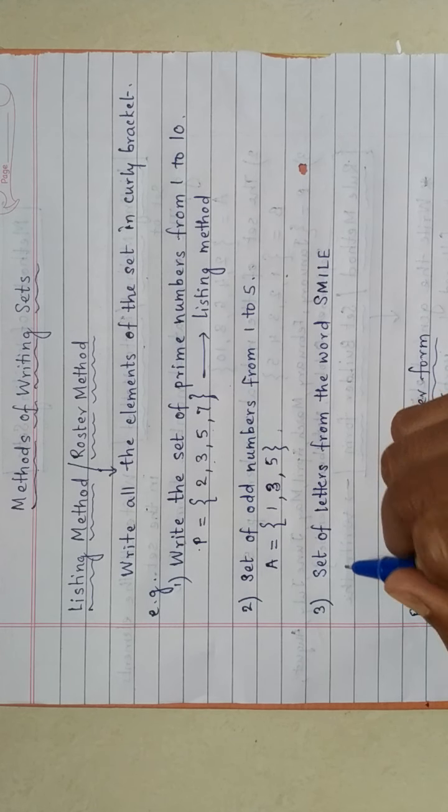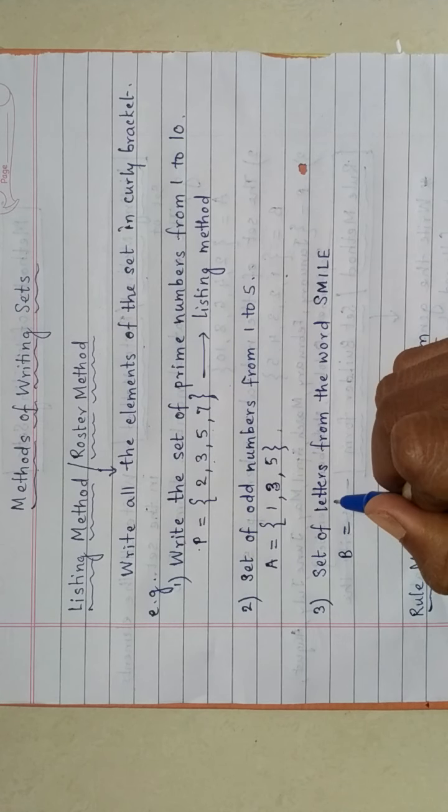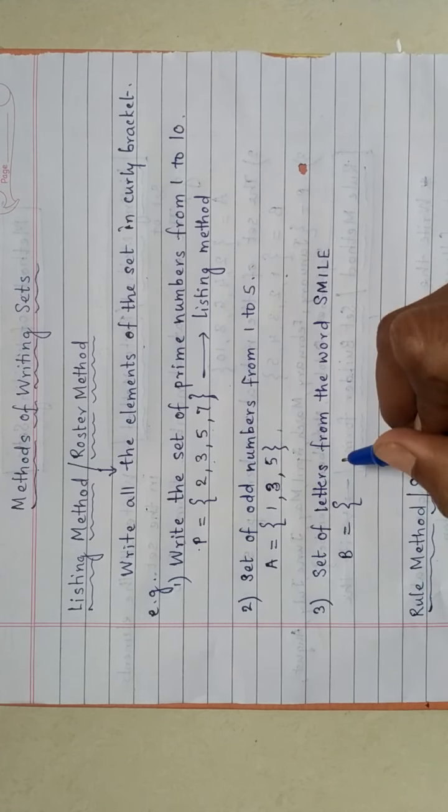Say we represent this set by the letter B. B is a set of letters from the word smile. We write it in curly bracket.